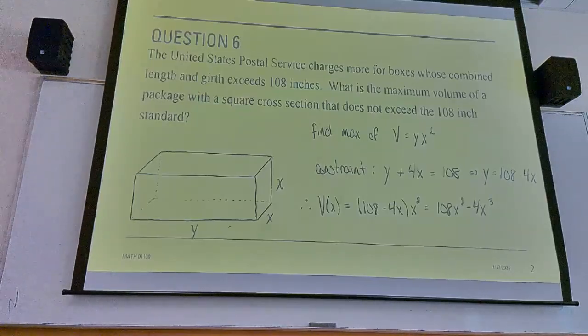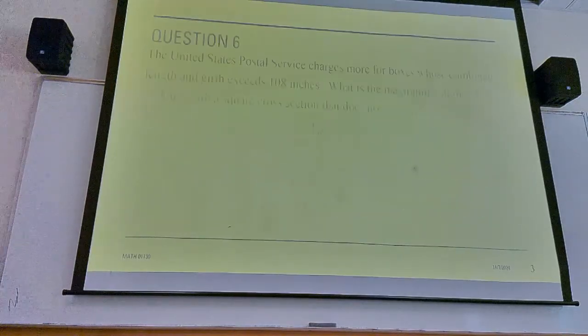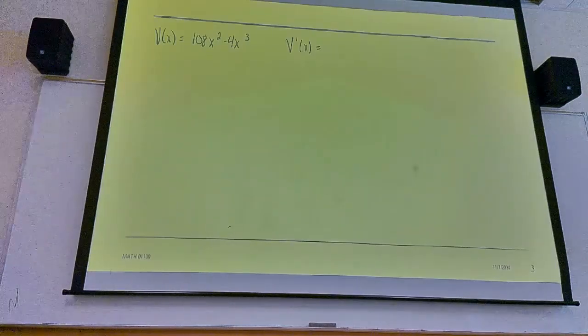There's volume, and that's what we're trying to maximize. Derivative. 216x minus 12x squared.